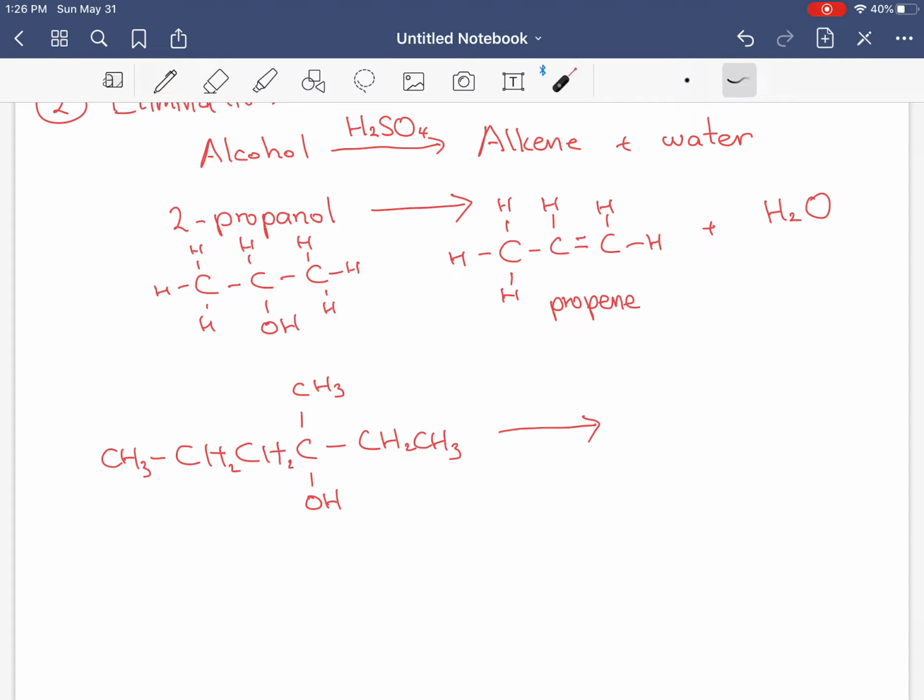All right. You may be thinking, all right, I can form water right there. So the double bond is between these two. Okay, I can form water right here. So the double bond would be between these two. Will this and this be the same? No. We know it's different. Okay?